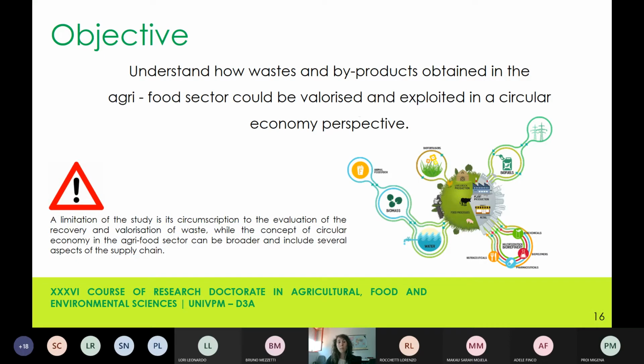It depends on the type of process that we are dealing with, because we are in food, so we cannot talk about repairing food to remit it in the production line. But we do not limit the application of the circular economy only to the final part of the production process.